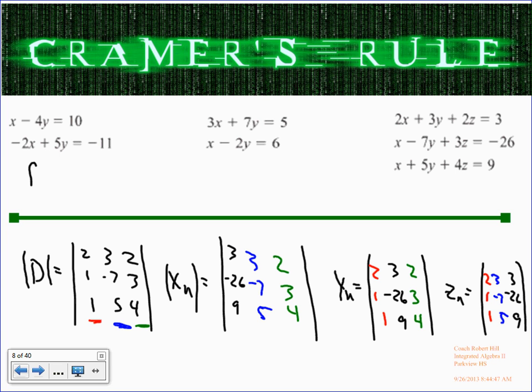Now, after I give you the no calculator part, the quickest way to find the determinant of a 3 by 3 matrix is to plug it in your calculator and hit DET. But the first time on the test, before you get to use your calculator, you're going to have to find 2, 1, 1, 3, negative 7, 5, 2, 3, 4.